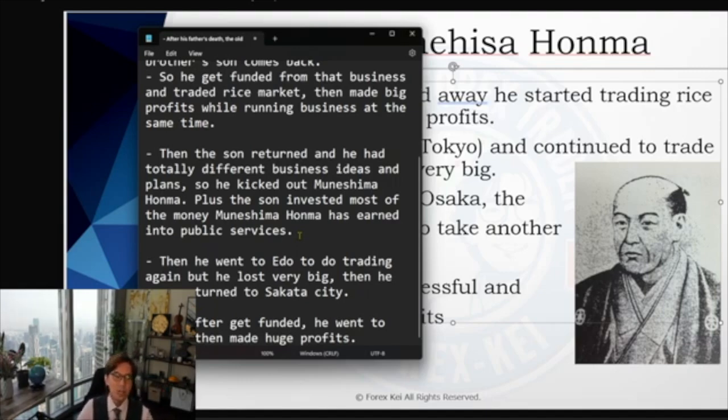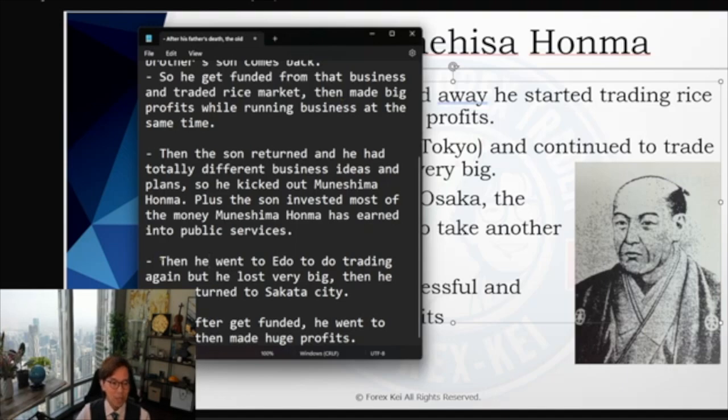So that's how his son was investing. But Munehisa Honma himself was a trader, and he was more focused on trading and making bigger profits. So that's why they were not getting along.